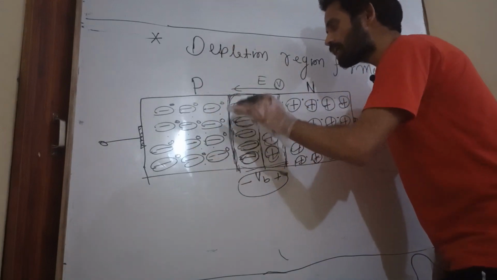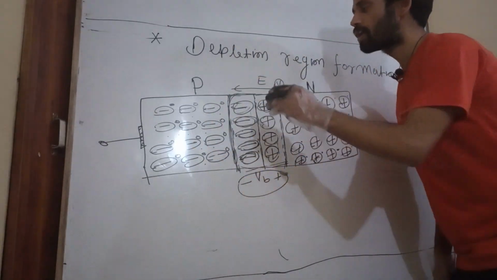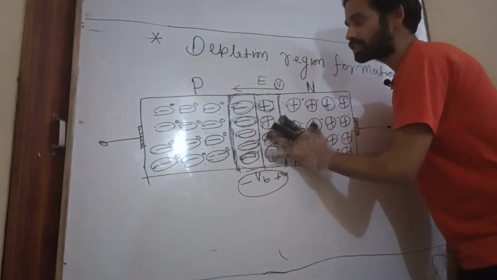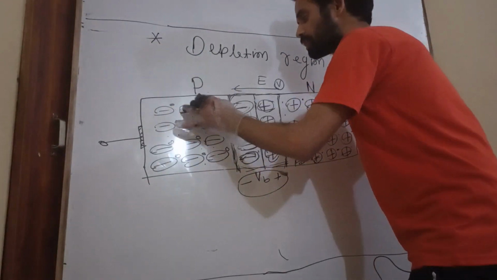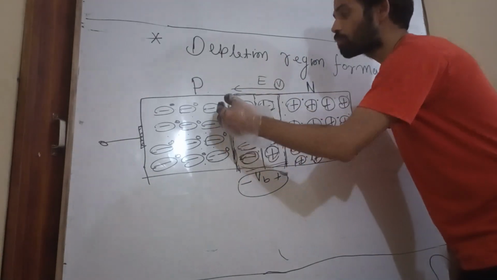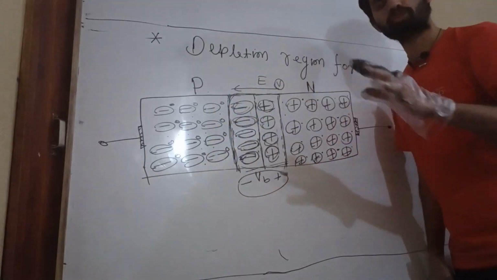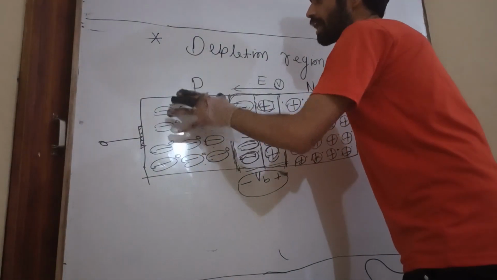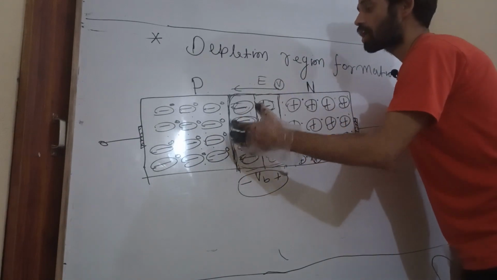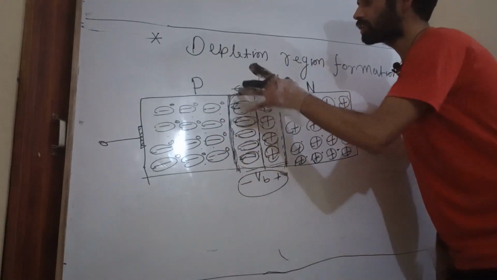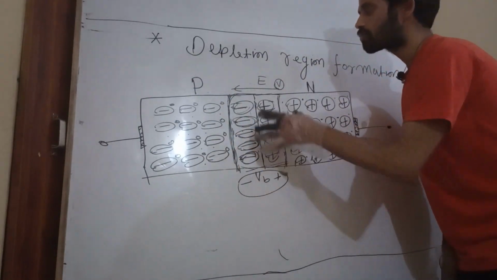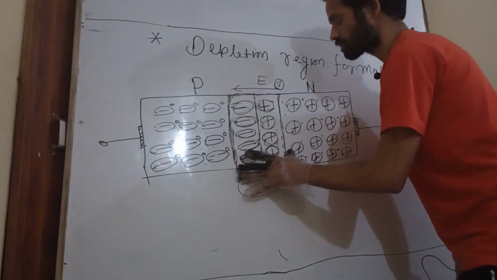This recombination also results in the disappearance of some of the majority holes. So now on the p side there is some negative charge which does not have any hole to neutralize it. Hence on the p side there is some region near the junction which is uncovered, or depleted of holes. So in this way these uncovered regions near the junction form the depletion region.